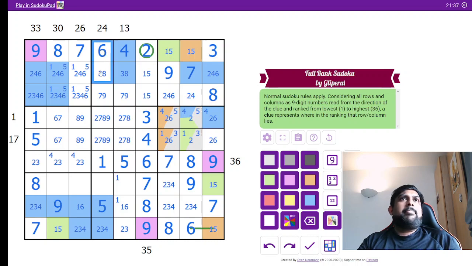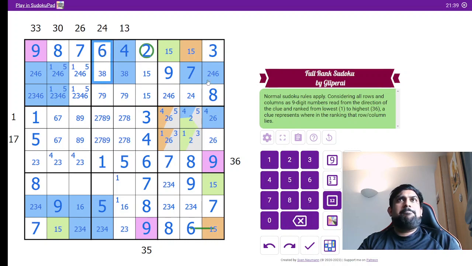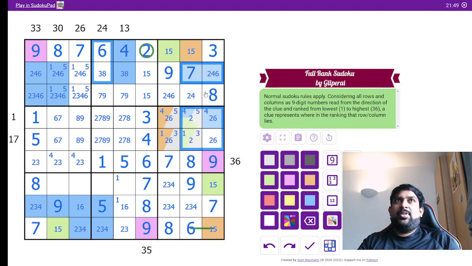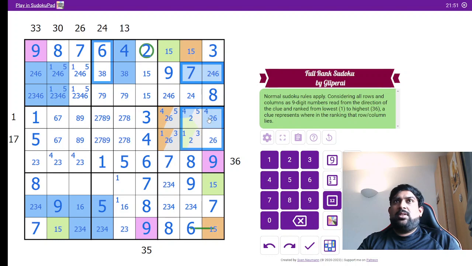Fine. Let's look at a 6. This is 6. Similarly, 6 can be here, can be here, can be here. This needs to be the largest. Okay. Perfect.